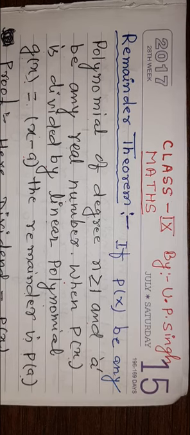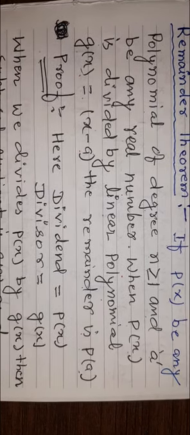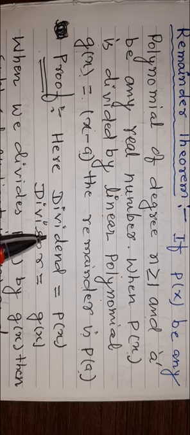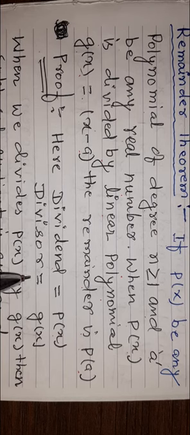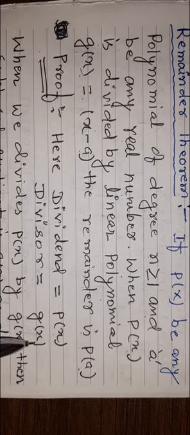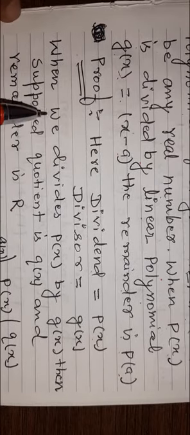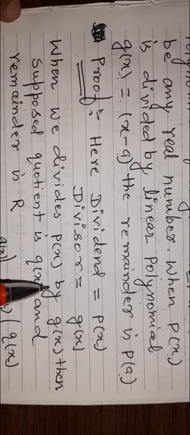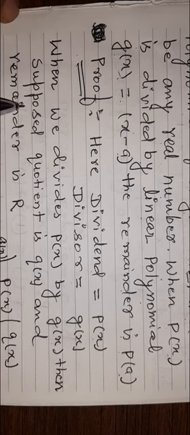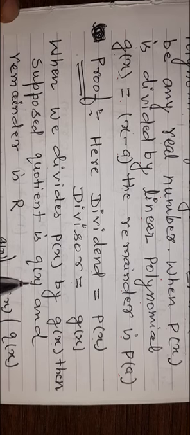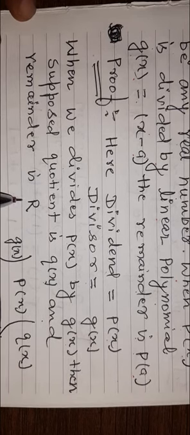So look here, how can you prove it? Here the dividend is p(x) and the divisor is g(x). When we divide p(x) by g(x), suppose the quotient is q(x) and the remainder is r.